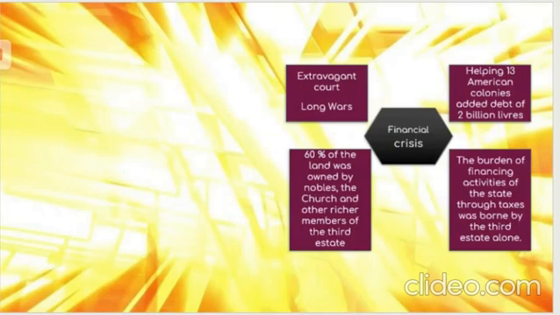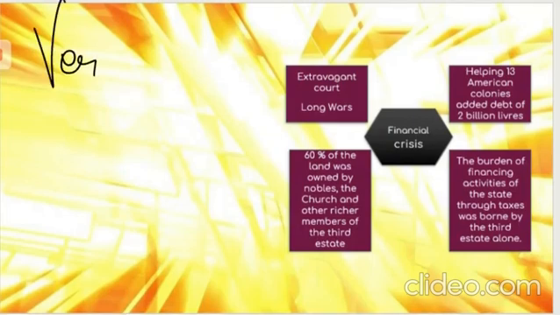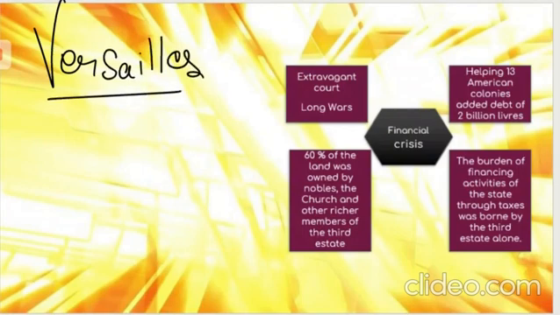The court and palace were at Versailles, and they had a very fashionable and fancy court. To maintain that, money was spent. After that, they helped the 13 American colonies. So again 2 billion livres of debt was there.